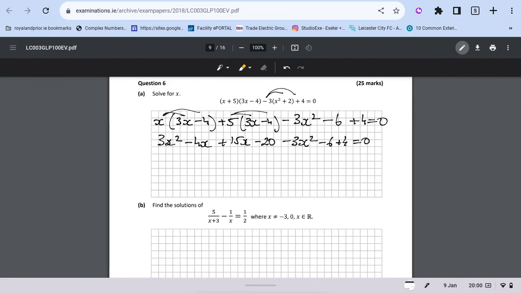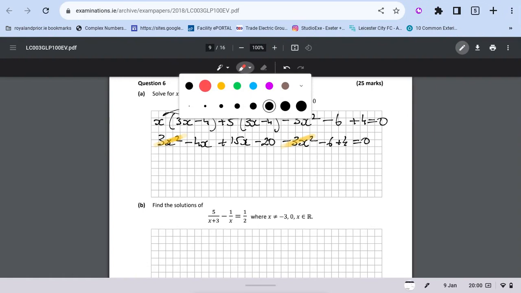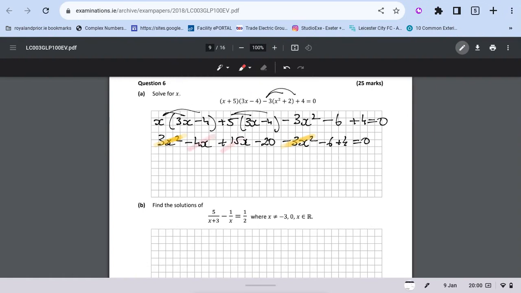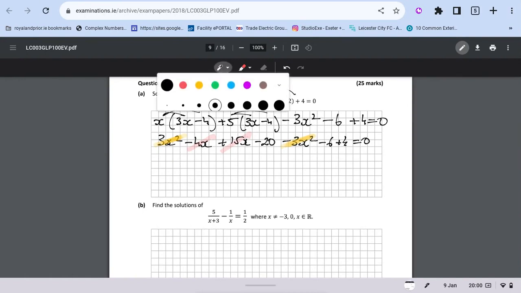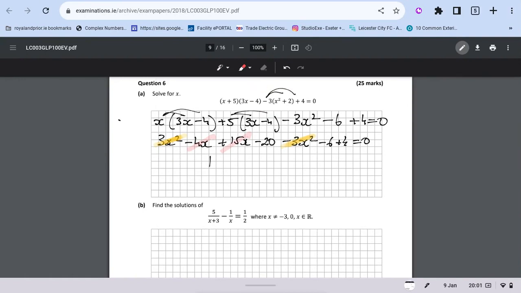Now, add together your like terms. So your 3x squared minus 3x squared, that goes. Your minus 4x plus 15x is 11x. And then your minus 20 minus 6 plus 4 is what? Minus 22.